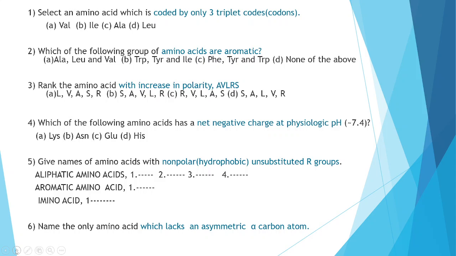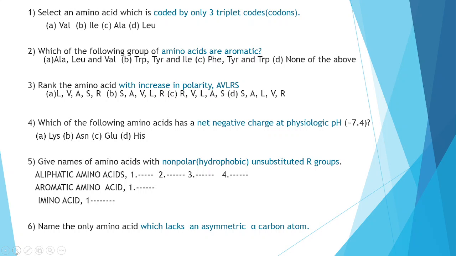Next question is, which of the following amino acids has a net negative charge at physiological pH? And you know that physiological pH is around 7.4. So, different amino acids have different electrochemical properties, and based on which all the amino acids have certain net charge at all different pH.